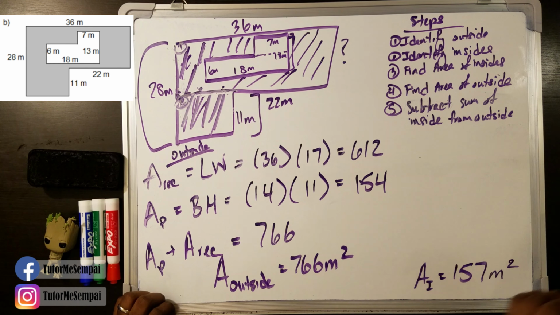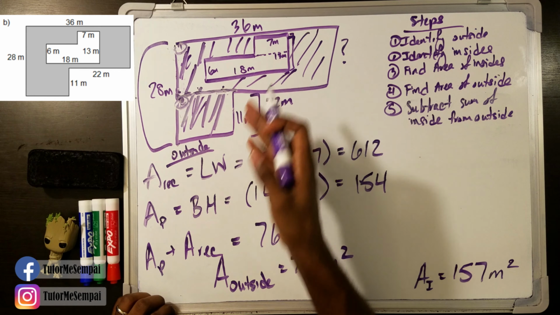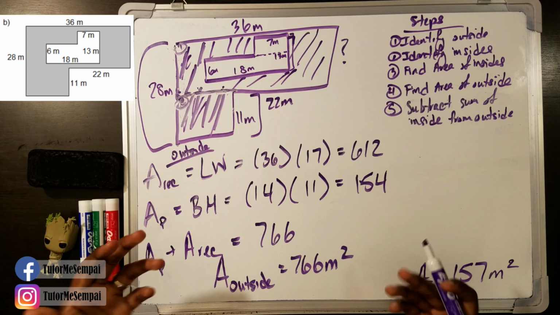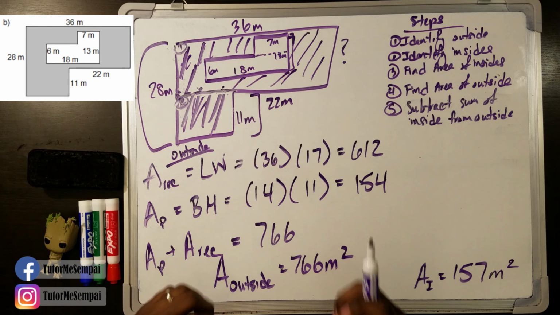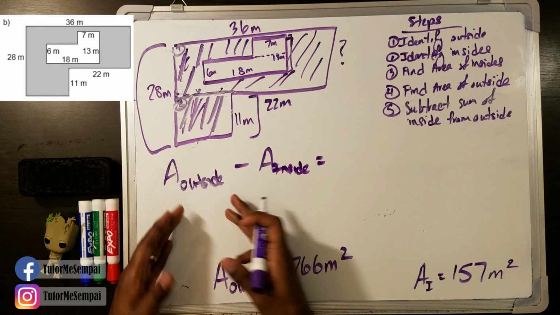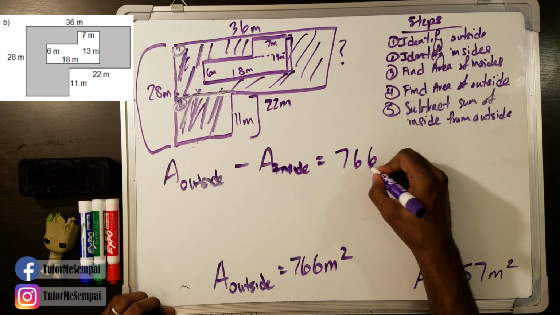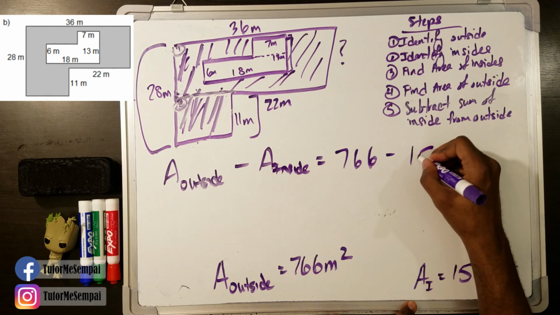Now we have to subtract the sum of our inside from our outside. However, this was just one shape, so there really is no sum to add here. We're just going to take the total area of our inside shape and subtract it from the total area of our outside shape. So the area of our outside is 766. The area of our inside is 157.